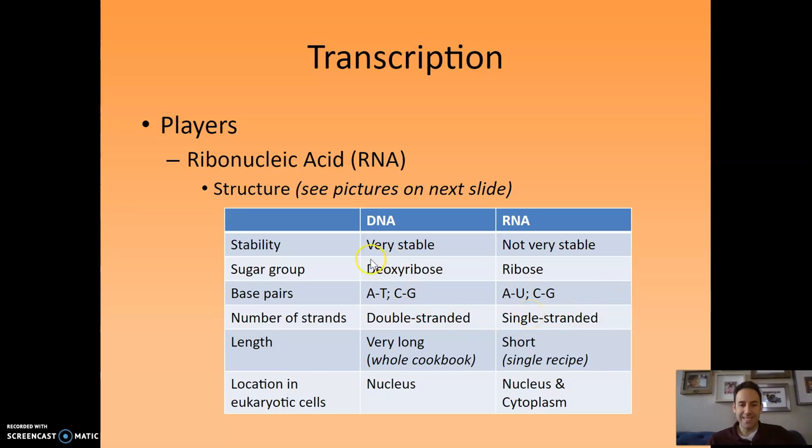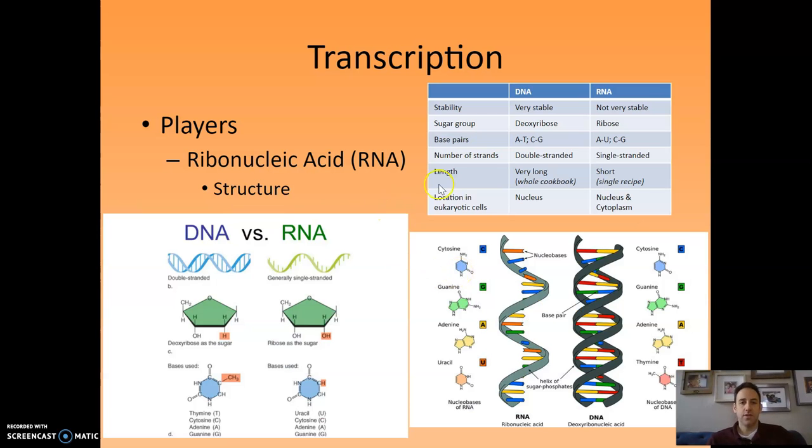The sugar group is different in these two. So in DNA, the sugar is what is called deoxyribose, hence deoxyribonucleic acid. RNA, it's a sugar group called ribose, which is ribonucleic acid. So here's two pictures that show the sugar groups, and you may recall that every nucleic acid, the building blocks of our nucleotides, and each nucleotide is a sugar, a phosphate group, and a base.